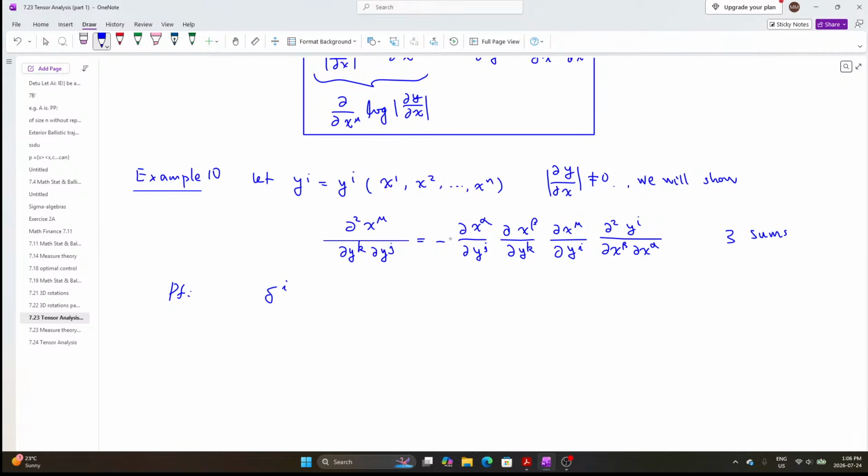If you want the derivative of the inverse function, you probably start from something like this: I equals J times J inverse, and then differentiate both sides. That's literally what we're doing, but we're going to do this using the index notation. On the left-hand side, the indices are just the Kronecker delta symbol, delta^i_j.